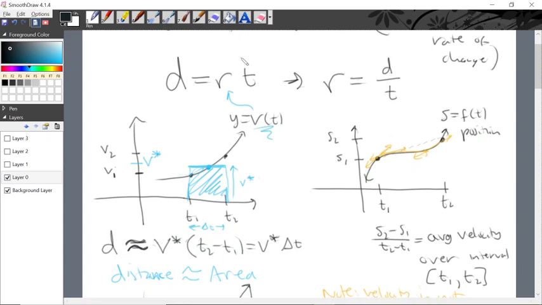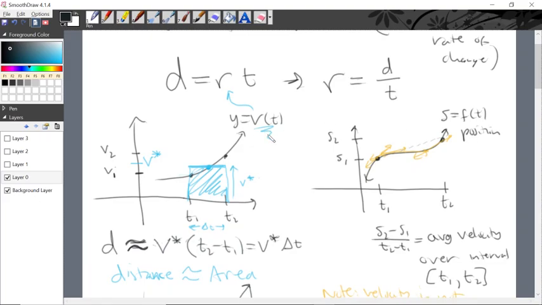Position in this equation is represented by distance. This seems to suggest that if we're looking at a velocity curve, we can find the distance, that's a change in position, through the use of an antiderivative.